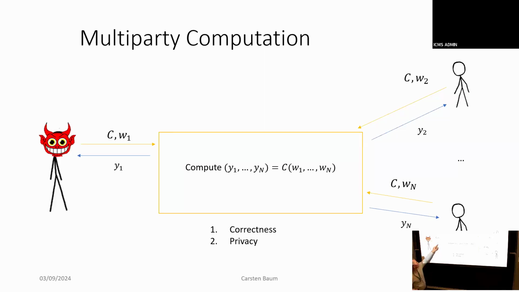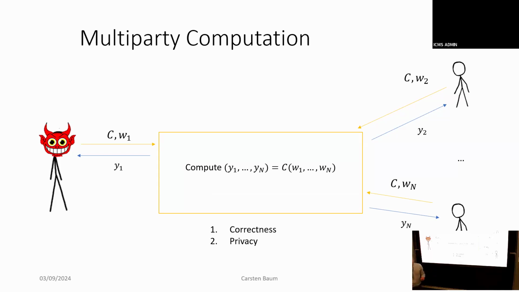Party one doesn't learn Y2 unless, inherently by the computation of the circuit, there's a correlation between these outputs. Does that make sense? Okay, it's just a different box. It's a different ideal functionality.